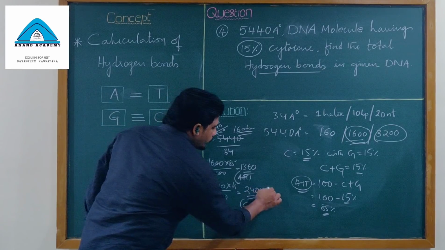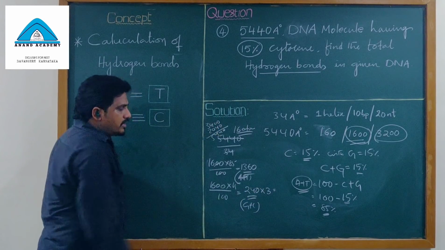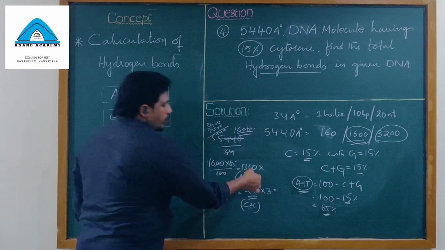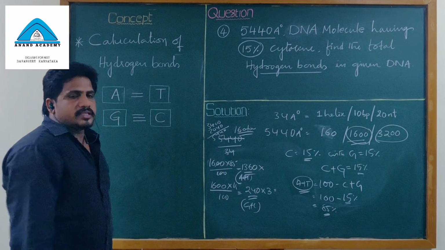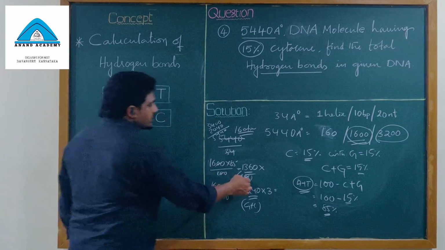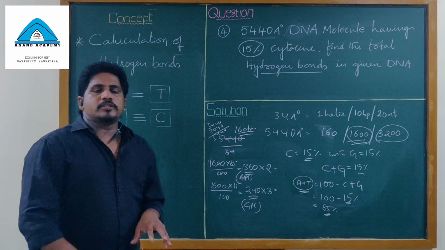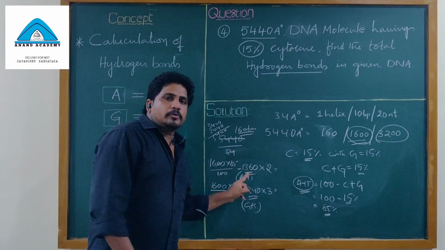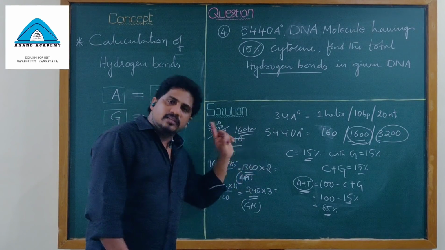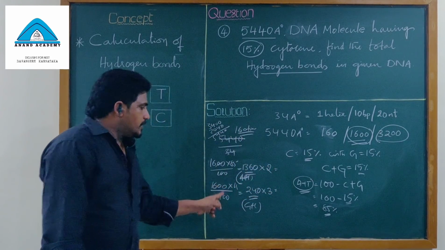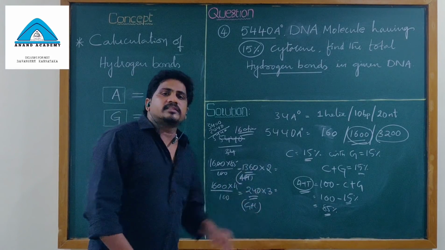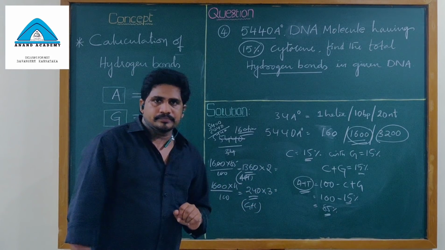So 240 into 3. We have to calculate for the 1360 times that A plus T are combined. A plus T have 2 hydrogen bonds. Understand? So hydrogen bonds between A and T are 2. So we have to multiply the combinations of A plus T with 2, and we have to multiply the G plus C with 3. Are you understanding?